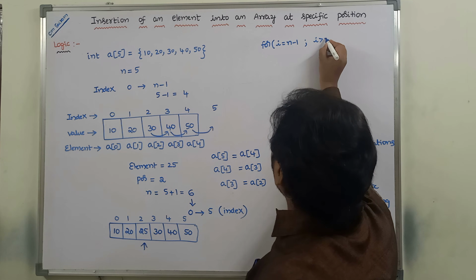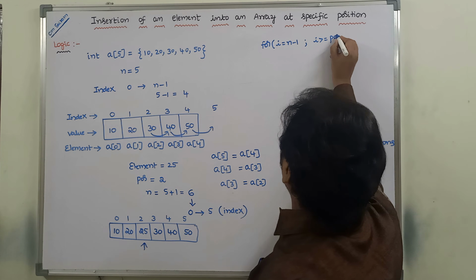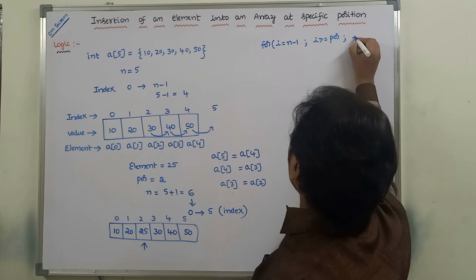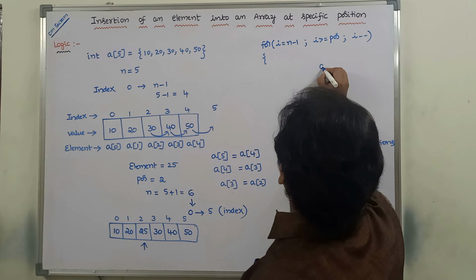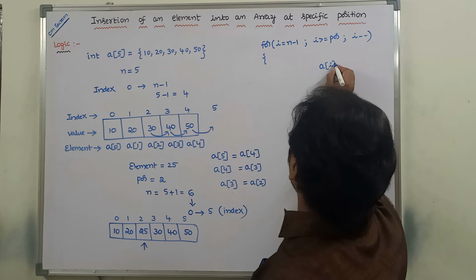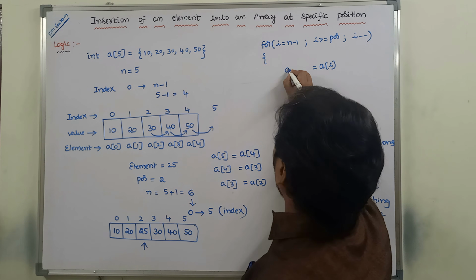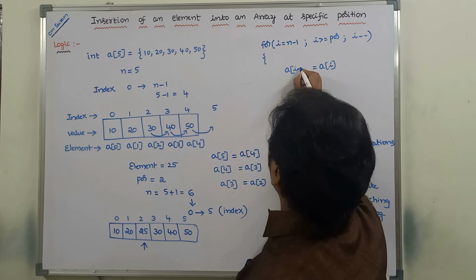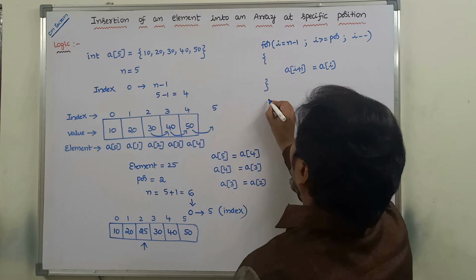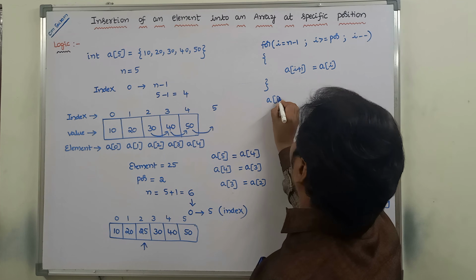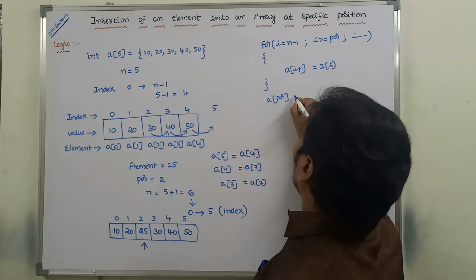So this is moving position onwards. Okay, POS, I minus minus. Now here A of I can be moved to A of I plus 1. Okay. So once we get the vacant place, I am inserting the element at POS.